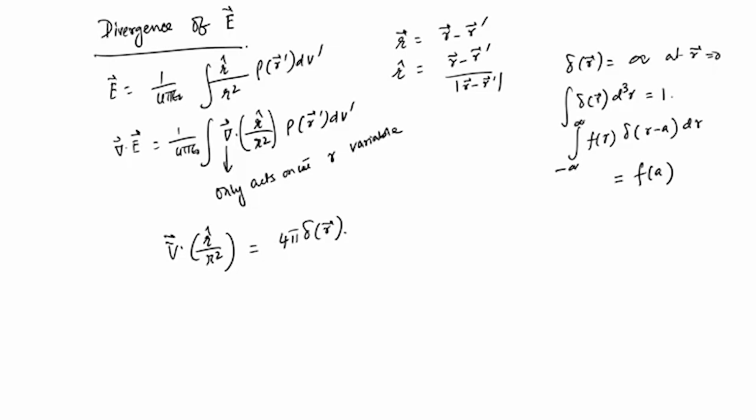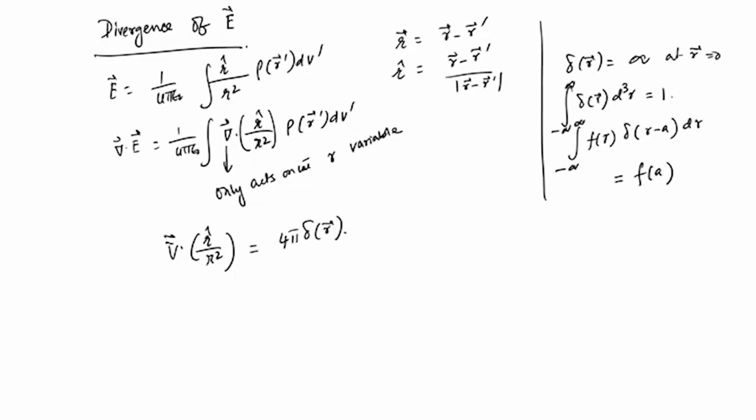So, even if the function diverges, the integral remains finite. That is a property of this delta function, and the divergence of this unit vector r curly by r curly square is equal to 4 pi times the delta function.